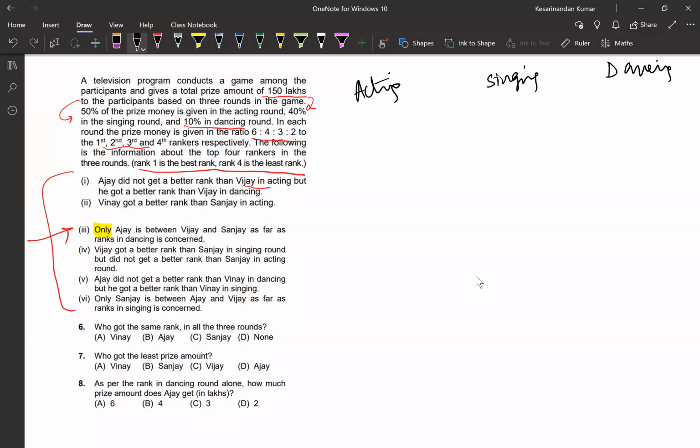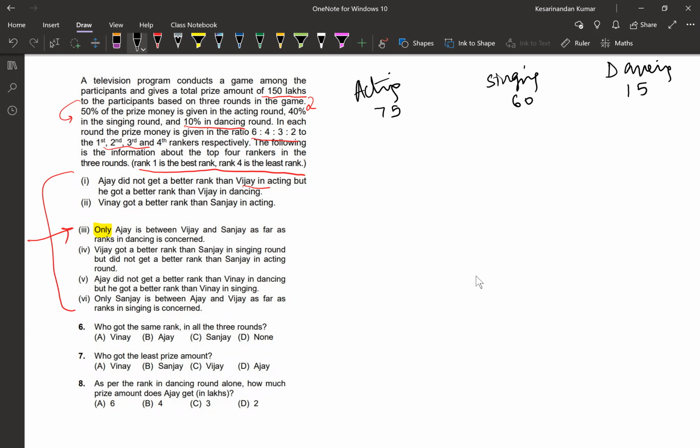So 50% is given to acting, 40% to singing, and the rest to dancing. This is the total prize money. In each round, the prize money is given in the ratio 6:4:3:2 to first, second, third, and fourth.